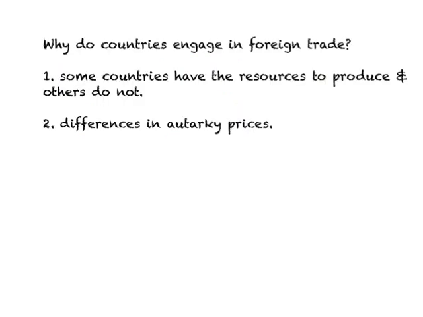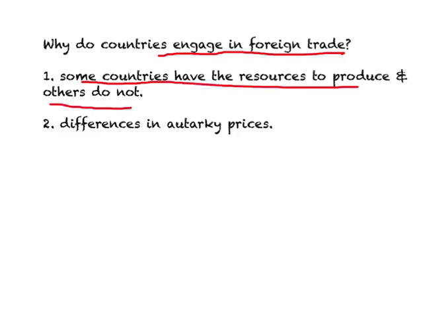Let us quickly examine the basic question, and that is, why do countries engage in foreign trade, or why do countries export and import? Now, one of the reasons is that some country may have resources to produce something and others may not. For example, if you're looking at crude oil, some countries have the resources of crude oil, whereas other countries may not.